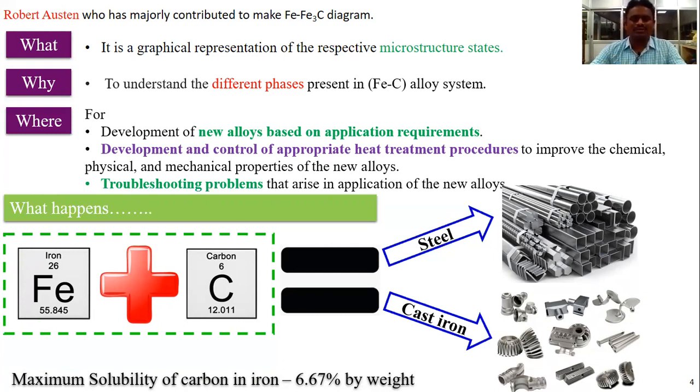With further increase of carbon percentage in iron, instead of dissolving, carbon starts forming as a graphite phase, which does not fit any of the applications. That is why the carbon percentage is limited to 6.67% of carbon.